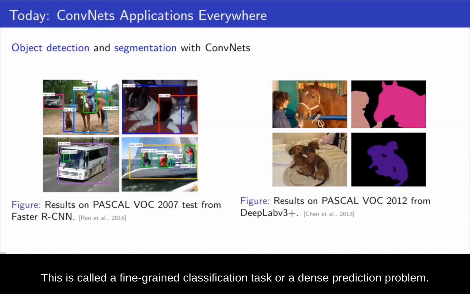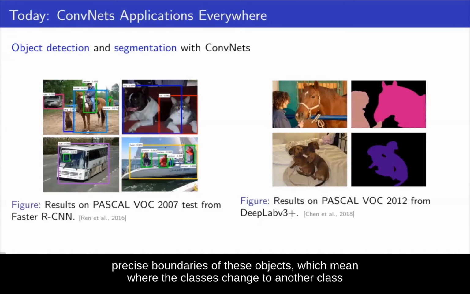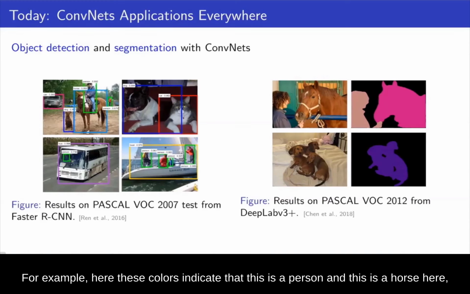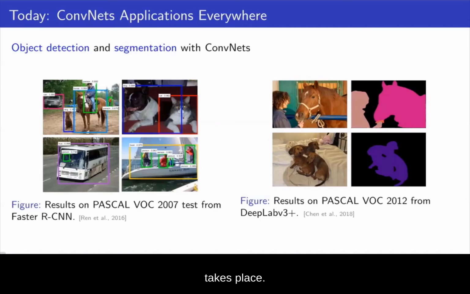This is called a fine-grained classification task or a dense prediction problem. So we get a pixel-wise dense prediction, and the network has to identify the precise boundaries of these objects, which means where the classes change to another class type. For example, here these colors indicate that this is a person and this is a horse. And we want to identify with a lot of accuracy where this change in boundaries takes place.